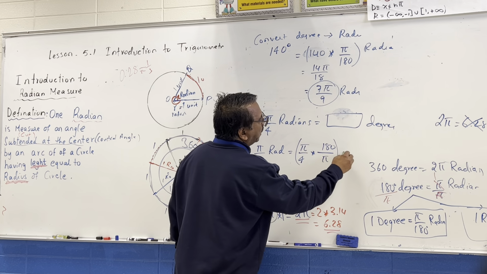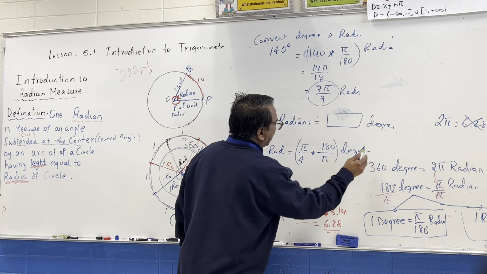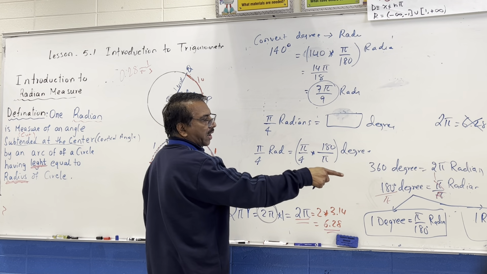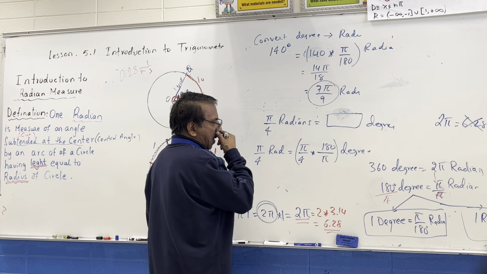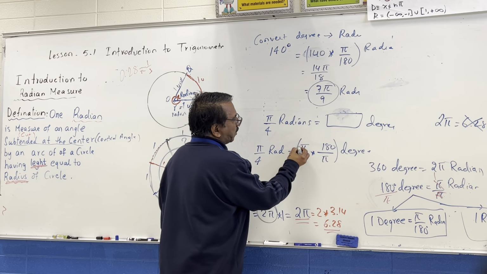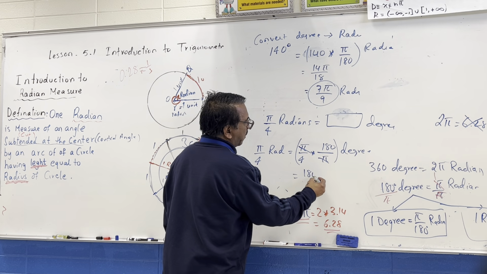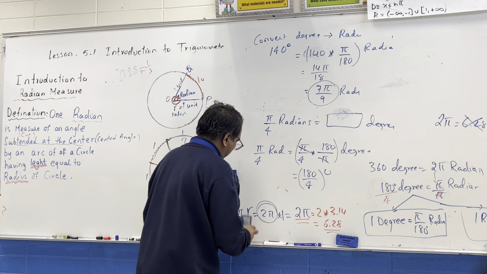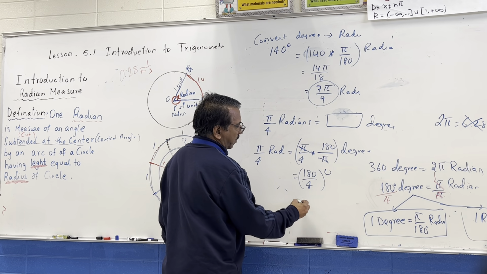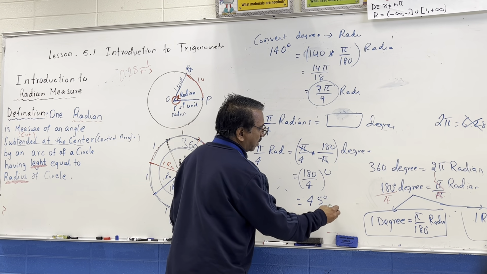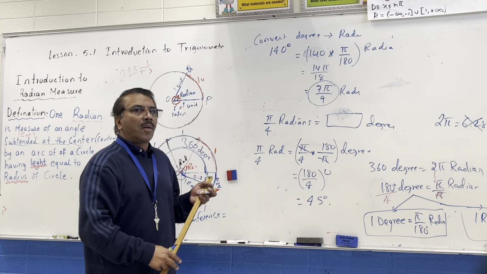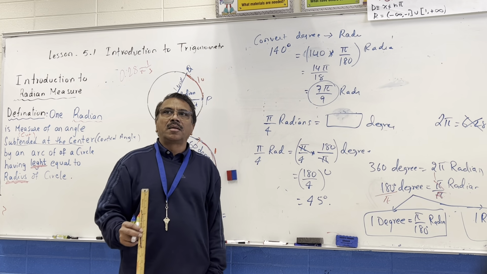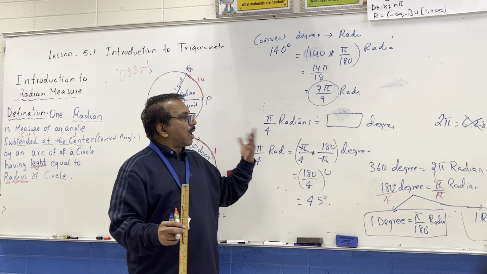This whole thing is in degrees. So you're just multiplying by 180 over pi using that conversion rate. Now this pi goes away and you get 180 divided by 4 degrees, and that answer is 45 degrees.